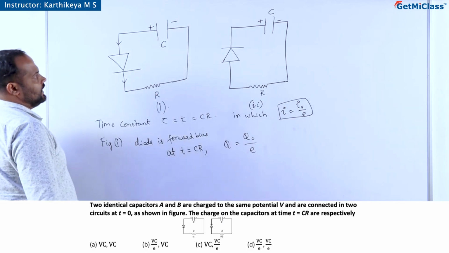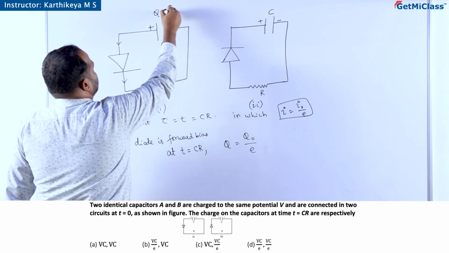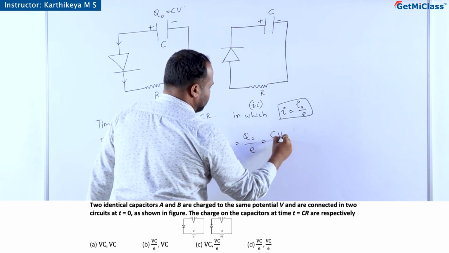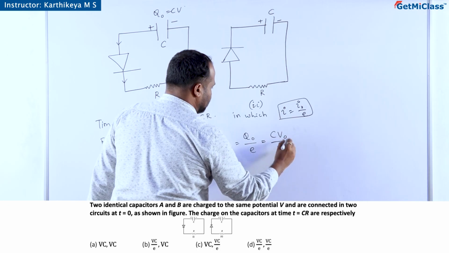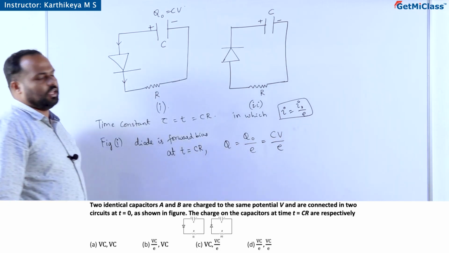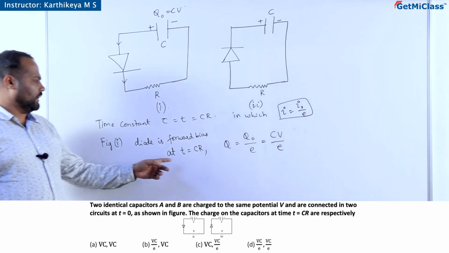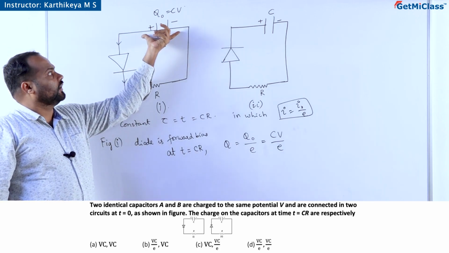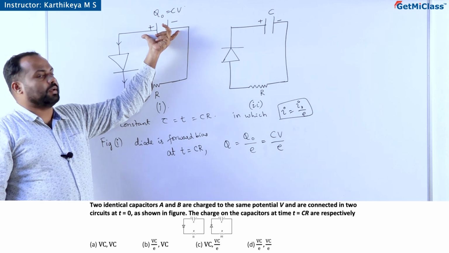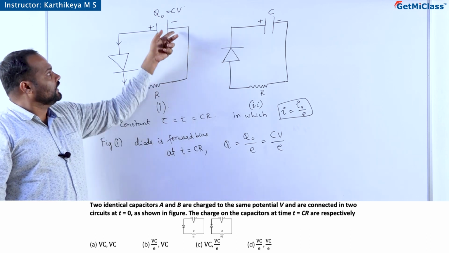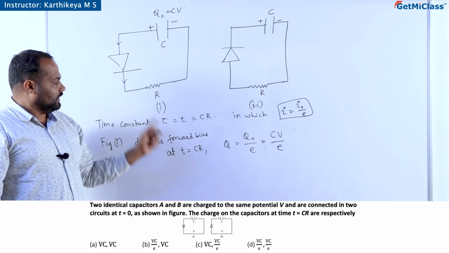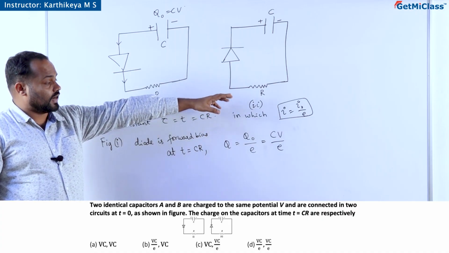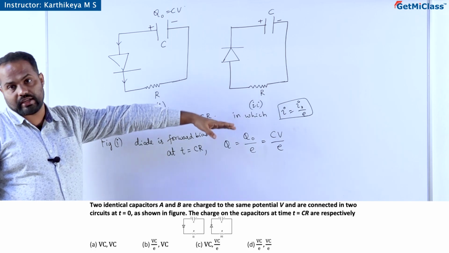When it is fully charged, it is CV. So the charge on the capacitor becomes CV by e, because this is the time constant, the time in which current decreases, as I told you, I naught decreases by a factor of 1 by e.